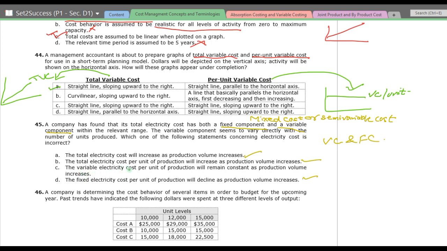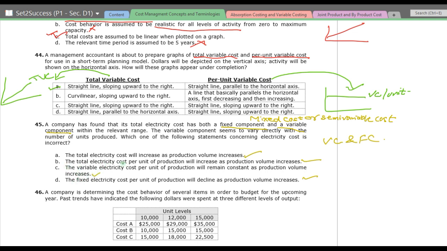The variable electricity cost per unit of production will remain constant as the production volume increases. This is also true. So the incorrect option is what?